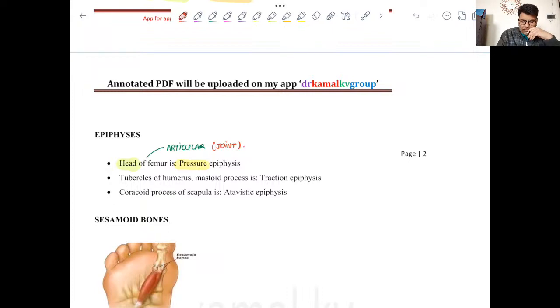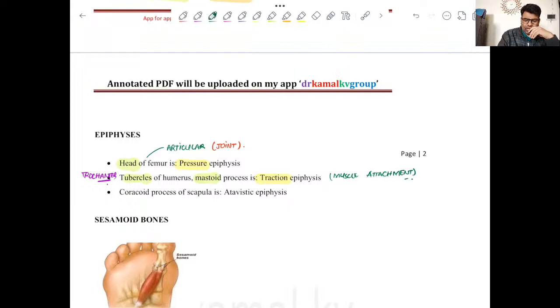Some other type of epiphysis, they give attachment to muscles like tubercle of humerus, mastoid process, and also trochanters. Right? So they give attachment to muscle which exerts a traction. So these are known as traction epiphysis. So muscle attachment. Now these are not articular.